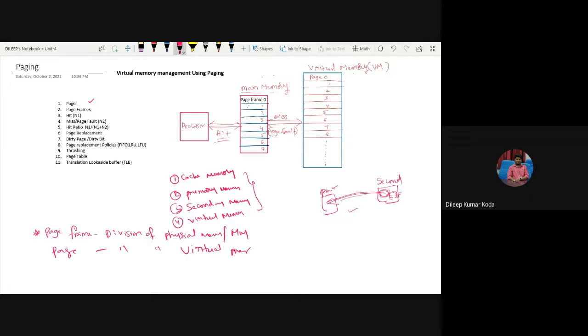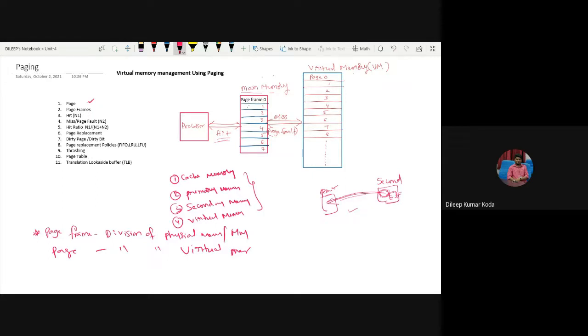Otherwise, if the file is not found in the main memory, then the result is said to be a miss. A miss is also called a page fault. So you know what a hit is and what a miss is.